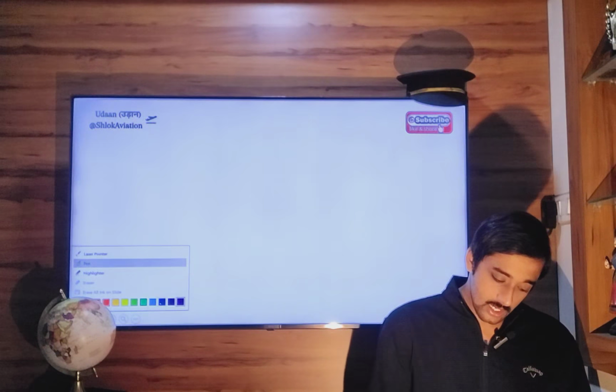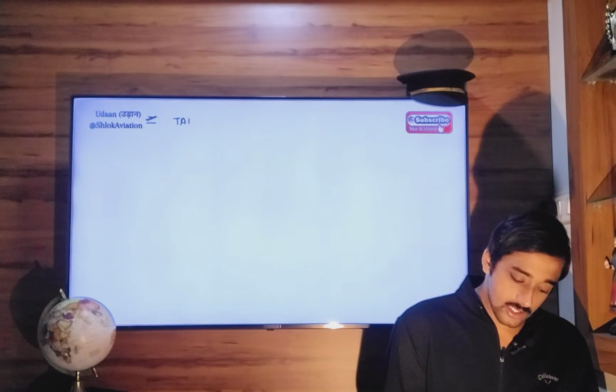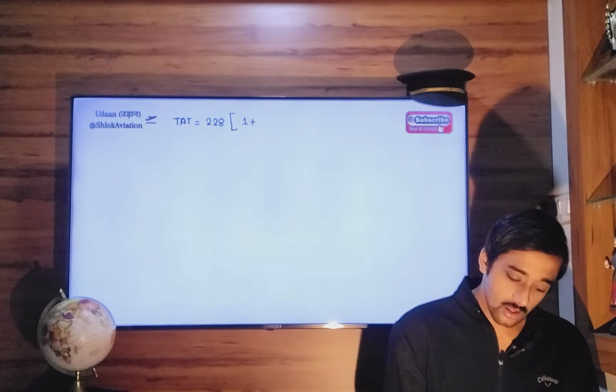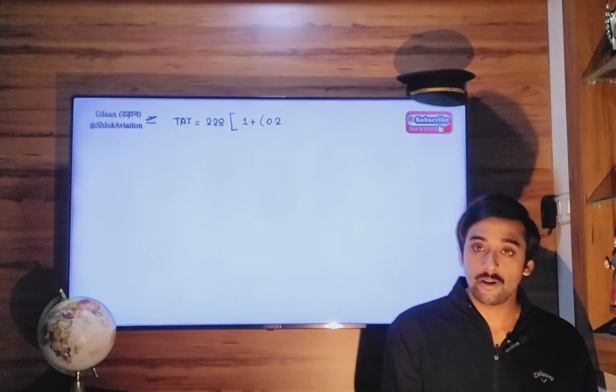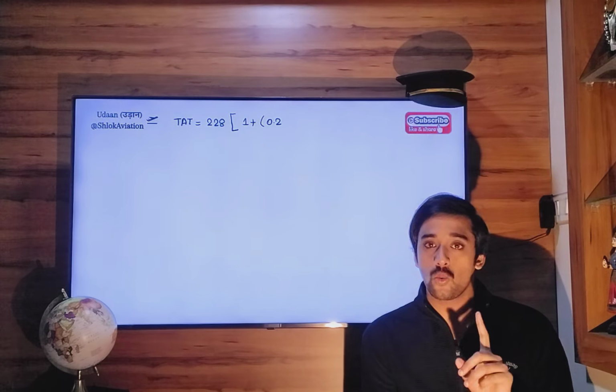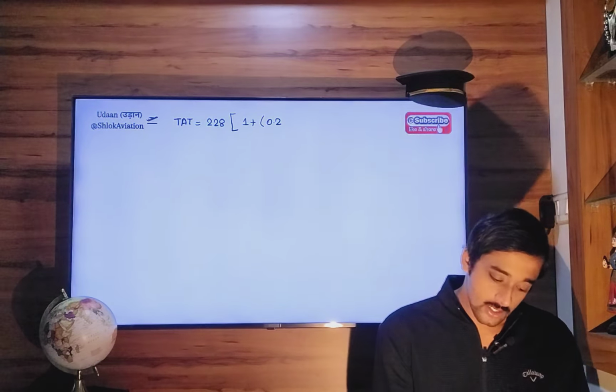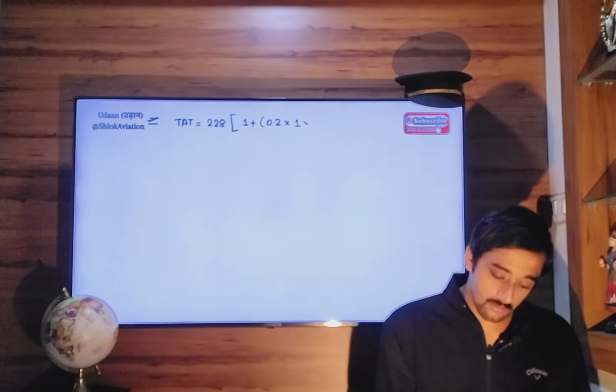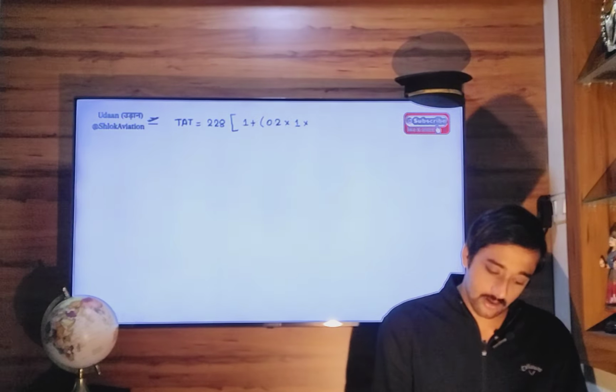Now let's substitute the values here. Total air temperature equals 228 Kelvin, big bracket, 1 plus 0.2 recovery factor. Now if the recovery factor is not given in the question, you consider it 1. So into Mach number. Mach number is 0.84.